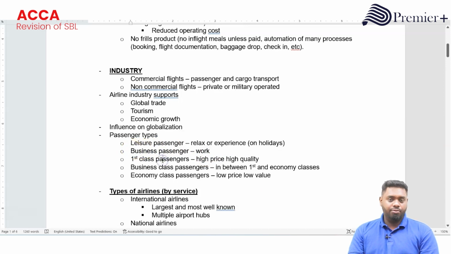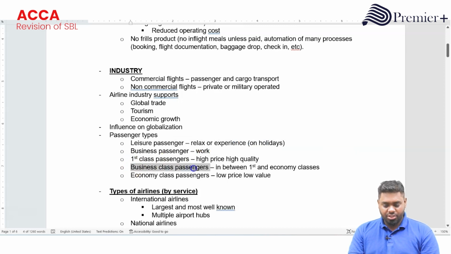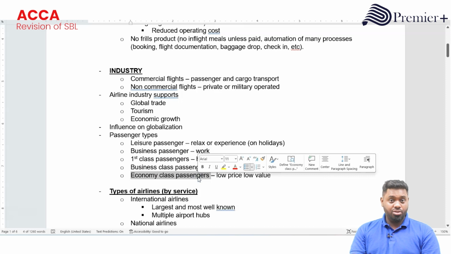And in terms of the cost to value the customer is willing to pay, we have first class passengers where the price is very high, so is the value, so is the service provided. Business class passengers and economic class passengers. First class passenger is very expensive, where the service provided is also luxurious.